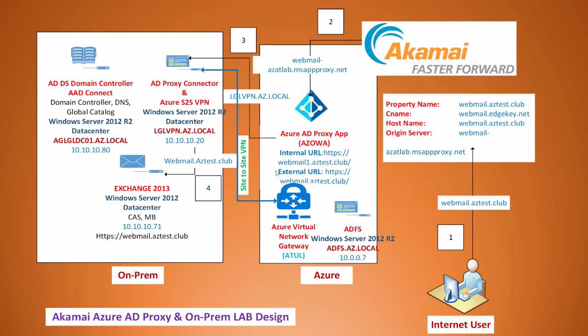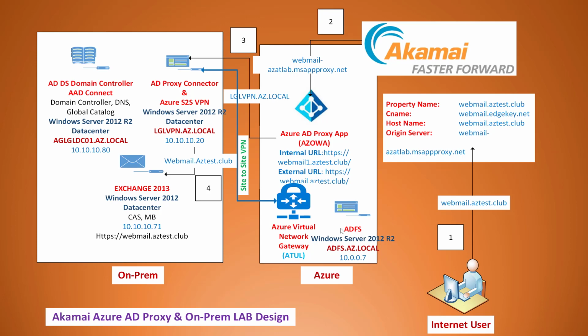Please note this external URL is important here, because Azure AD App Proxy would accept the traffic only from the browser which is sending the header information as webmail.aztest.club. If somebody else tries to do anything else and hits the server, the proxy is going to refuse that session completely. That is the setting that we have in the lab, and let's see.